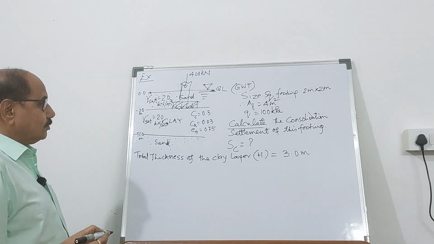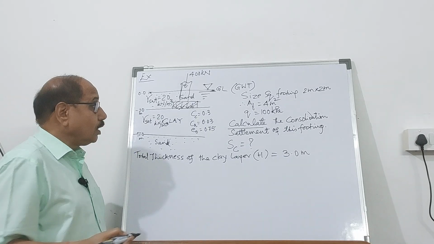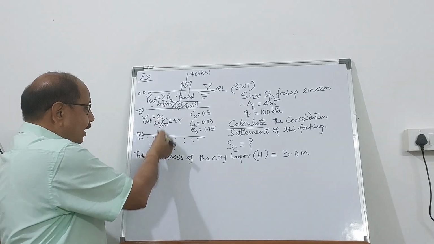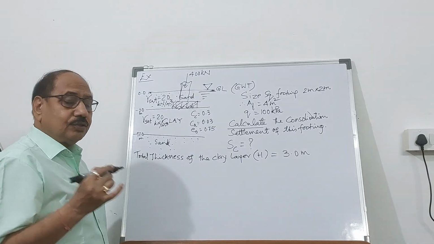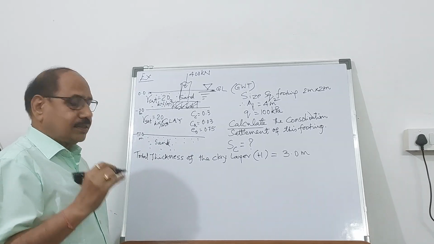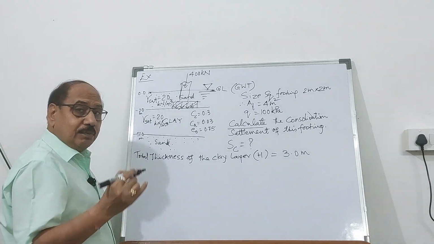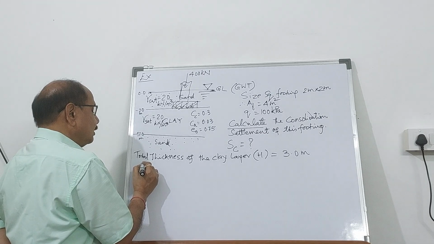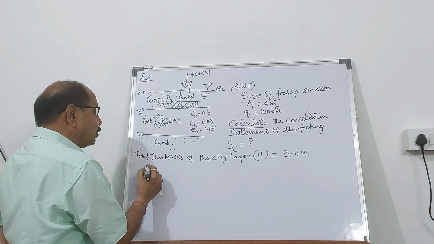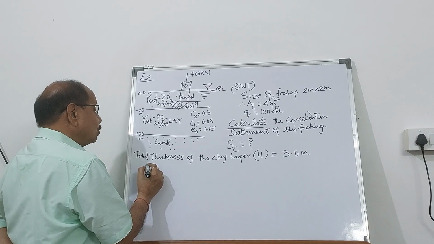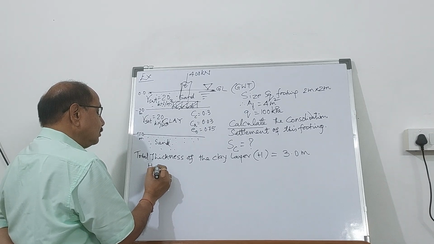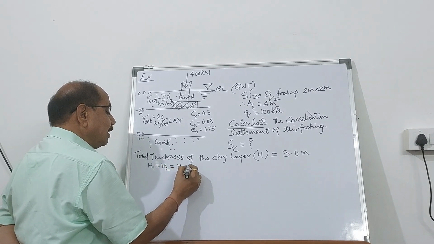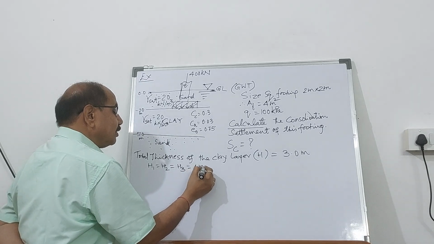Now, in order to calculate the consolidation settlement Sc, we should divide this clay layer into 3 parts. So, as per codal provision, I am going to divide the H into 3 parts. So, you will have H1 equal to H2 equal to H3 equal to 1 meter.